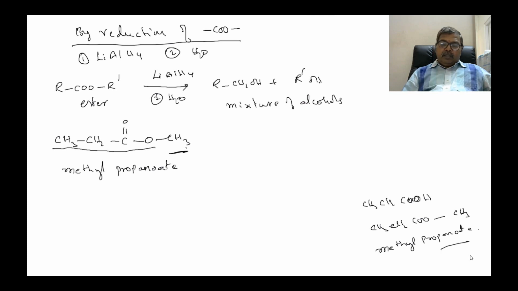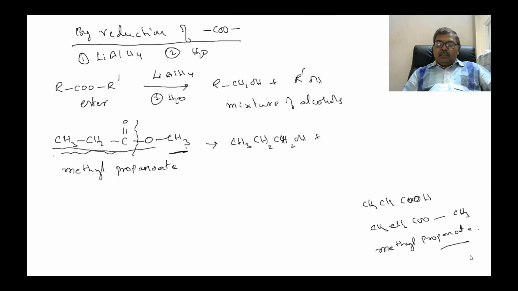Okay. Now remember, this is simply not a mechanism. You split this ester into two parts. How many carbon atoms are there here? 3. So write an alcohol with 3 carbons.